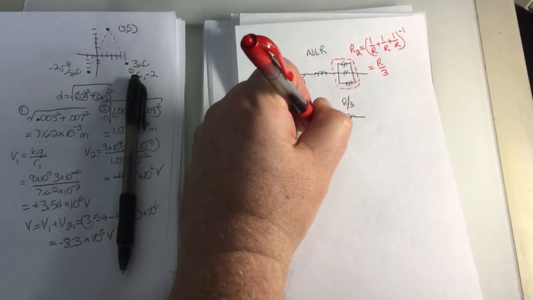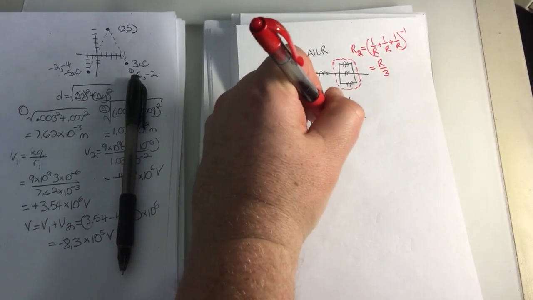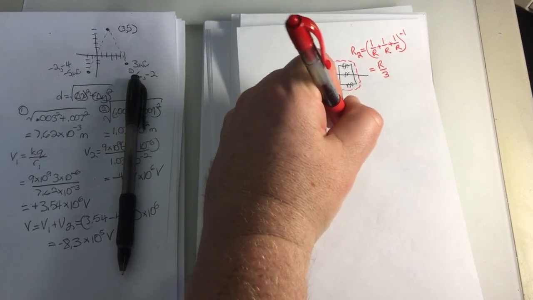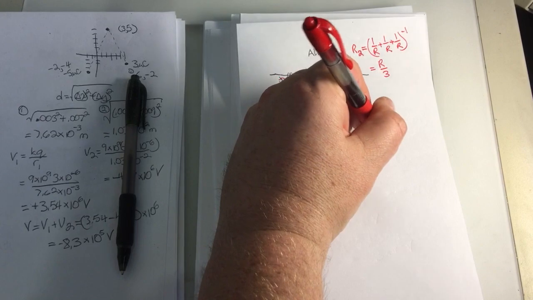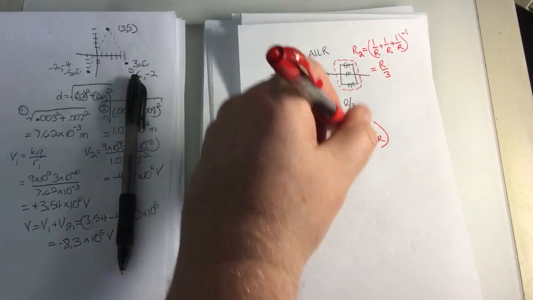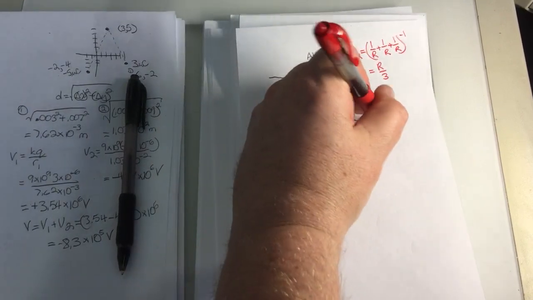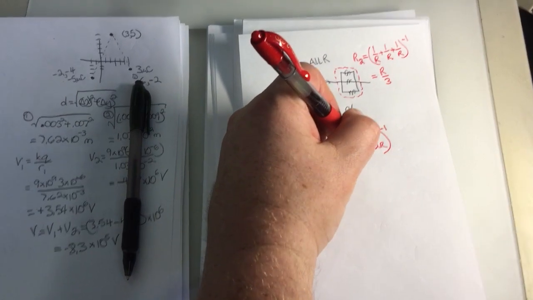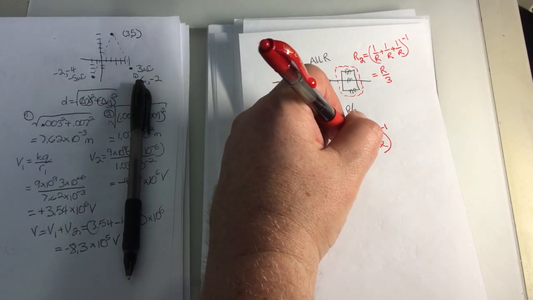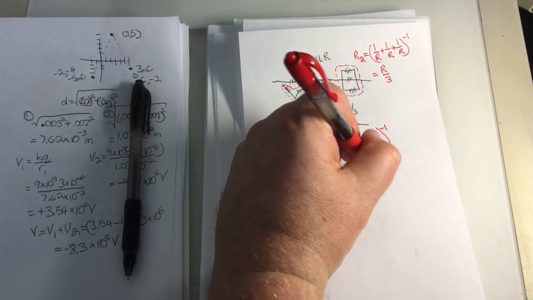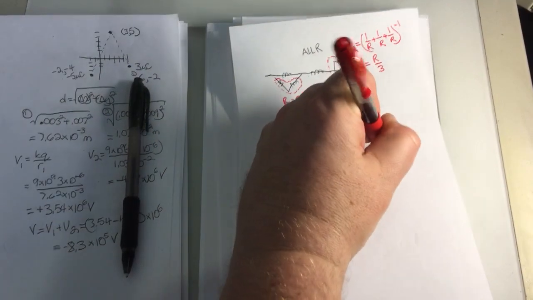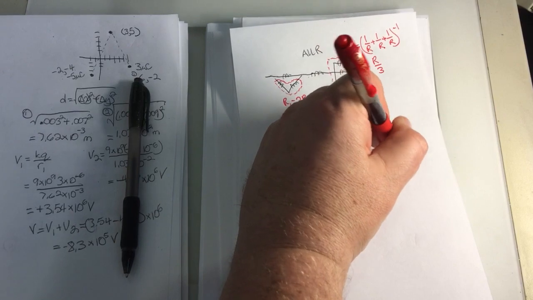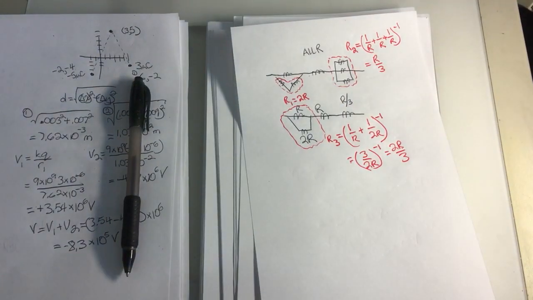I will call this one R3, and it is 1 over R plus 1 over 2R, inverted. 1 over R, make this 2 over 2R, so this is 3 over 2R, or 2R over 3 is that particular block.